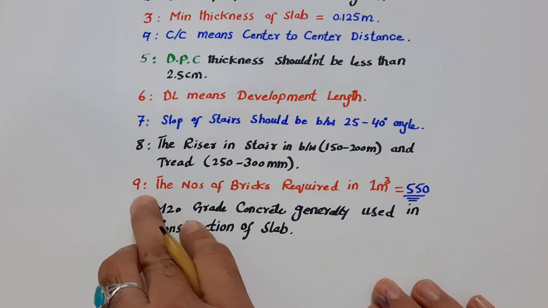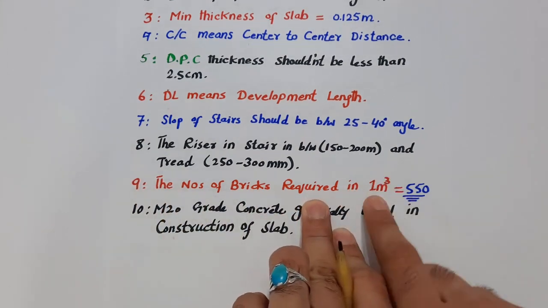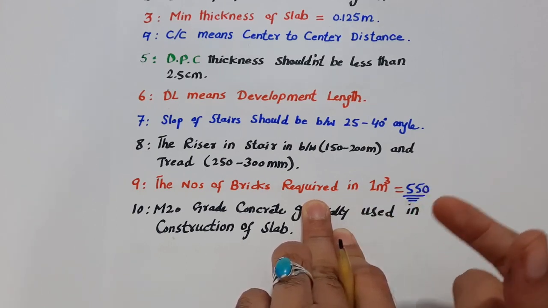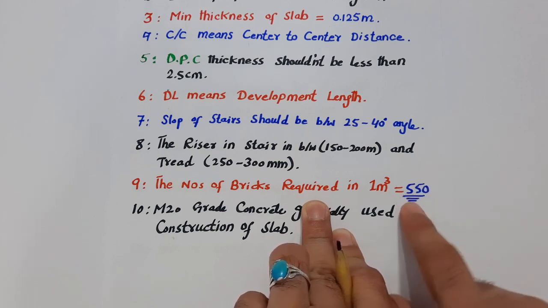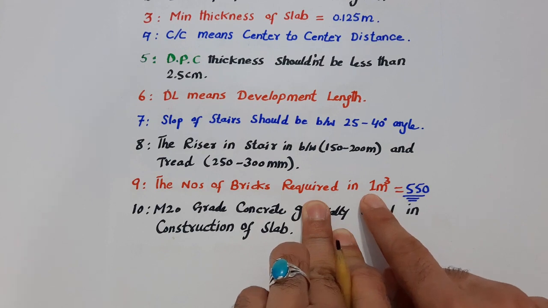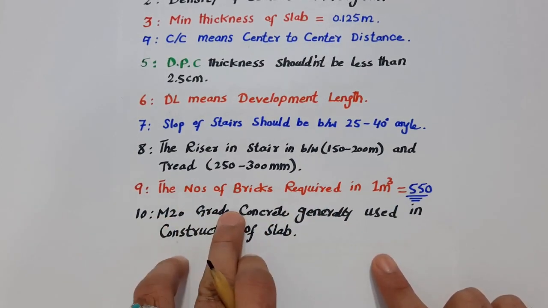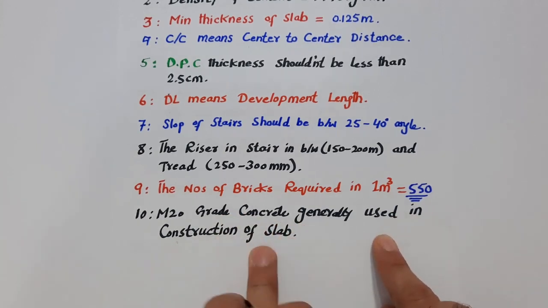The ninth one is the number of bricks required in 1 meter cube. Anyone can ask you how many bricks are required in 1 meter cube. So 550 bricks are required in 1 meter cube. Next, M20 grade concrete is generally used in construction of slab.